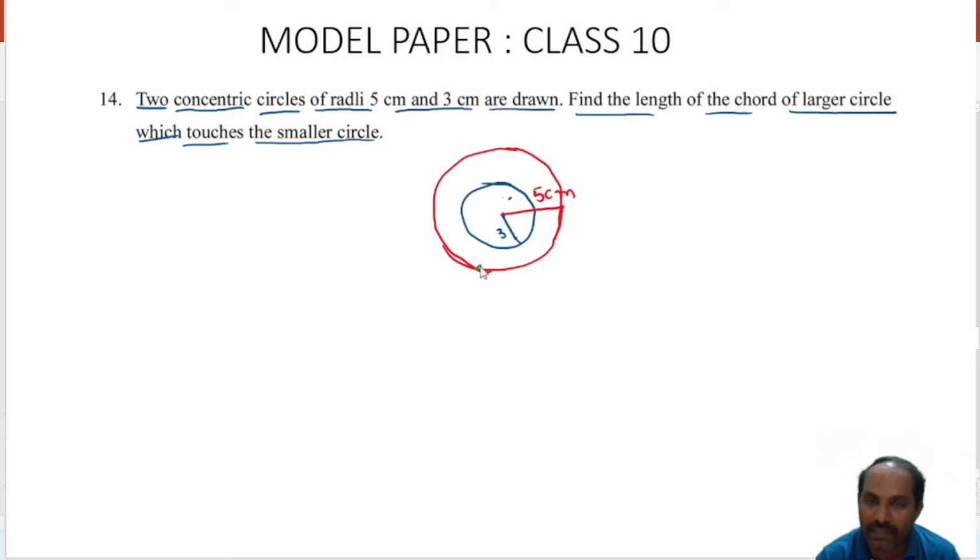I will draw one chord which touches the smaller circle, like this. Now this angle is 90 degrees, we know. Here, for example, A, this one is B, center always O, and here take D. Now this one is a right triangle.